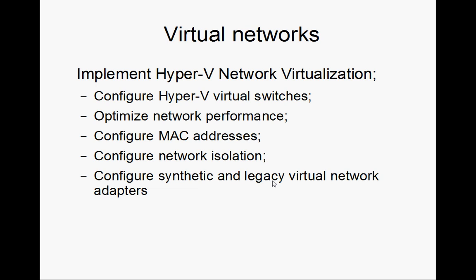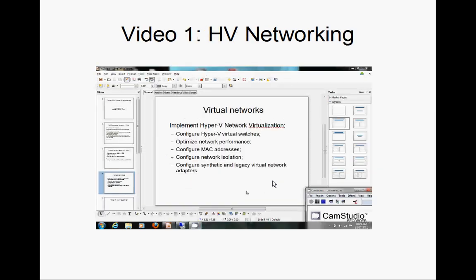All right, so let's discuss networking. We've got to implement Hyper-V network virtualization with virtual switches, optimize network performance, configure MAC addresses, configure network isolation, consider synthetic and legacy network adapters. With that said, let's go look at our Hyper-V server.